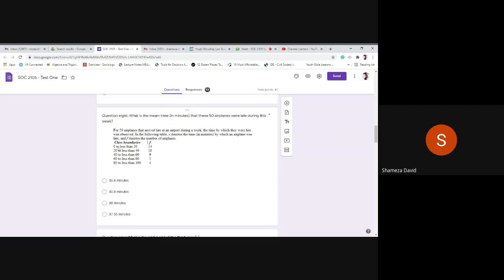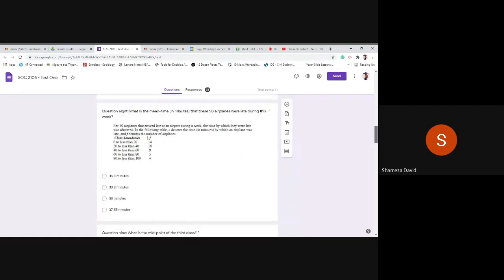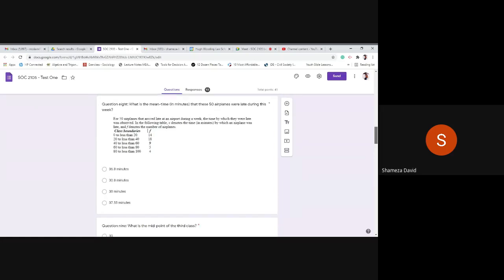So these were your class boundaries, 0 to less than 20, and so on, all the way up to 100. You had a class size of 20. And the frequencies are given as shown in this column. And then you were asked to find the mean time in minutes that these 50 airplanes were late during the week.